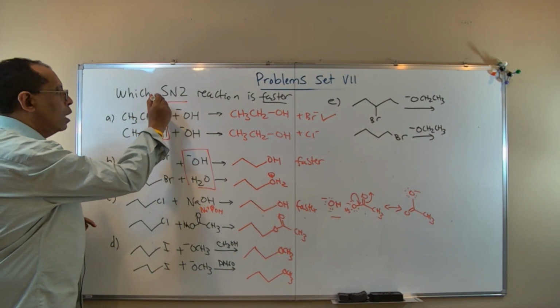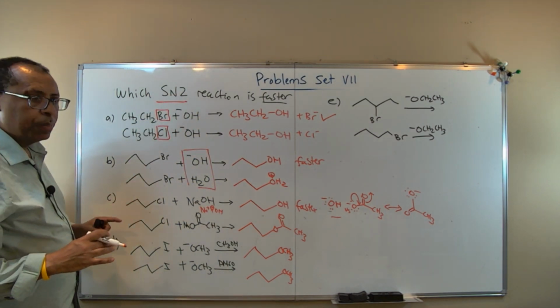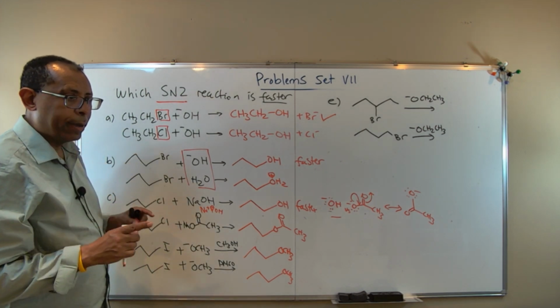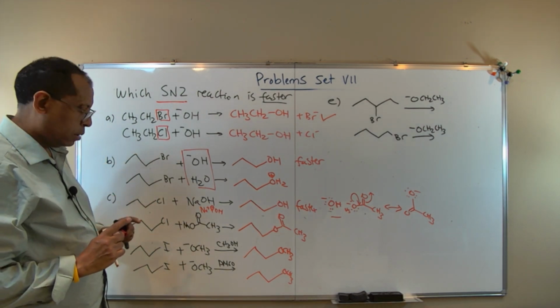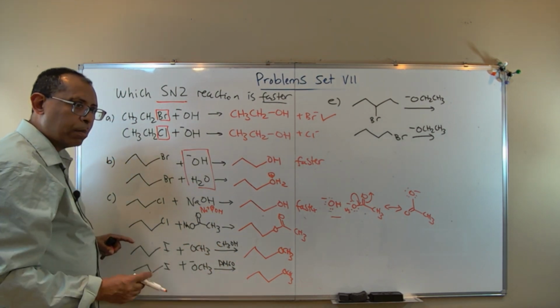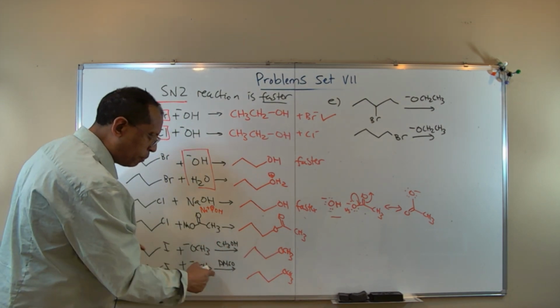This is an SN2 reaction, remember. For SN2 reaction, you can run your SN2 reaction in polar aprotic solvent. But methanol is polar protic solvent. So this is not faster.